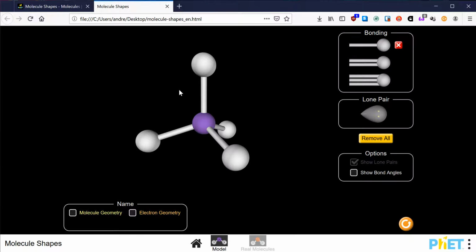And if we wanted to see that all 4 of these angles are equal, if we click Show Bond Angles here, it shows that all of these bond angles come to 109.5. According to VSEPR theory, this is the biggest angle that we can make such that each of the 4 bonding pairs are as far away from each other as possible.